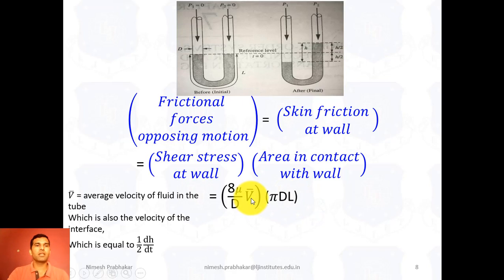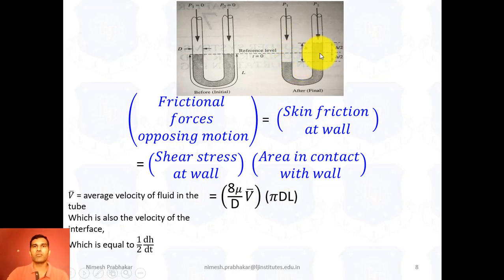So V is nothing but the average velocity of fluid in the tube, which is nothing but 1 by 2 dH by dt. This is a velocity due to the pressure change.